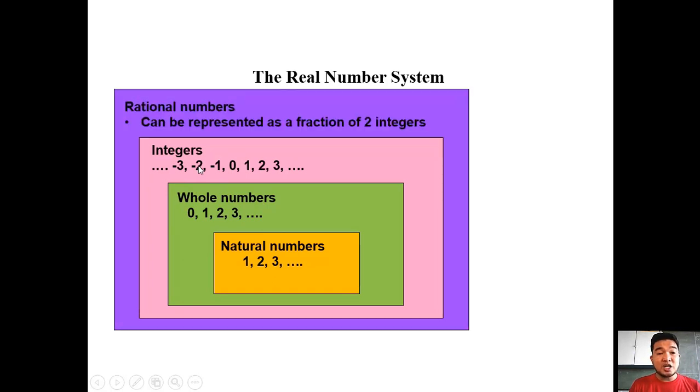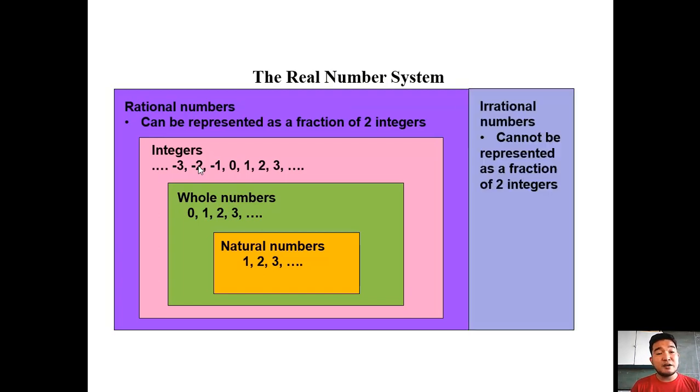And then rational numbers are numbers that can be expressed as a fraction of two integers, expressed as A over B, and B must not be equal to 0. Why must B not be equal to 0? Because if B is equal to 0, then that fraction or expression is undefined, and undefined is not a real number.